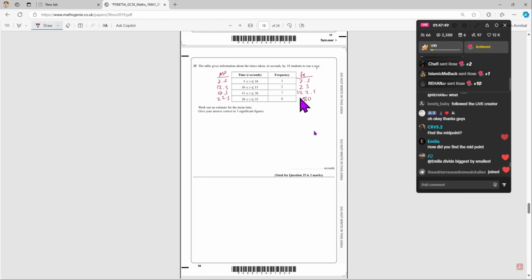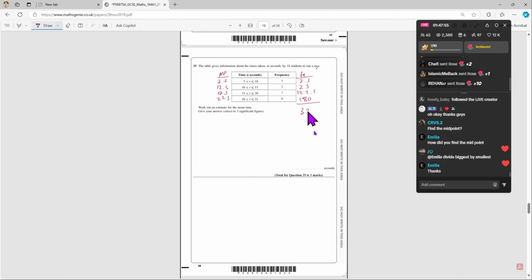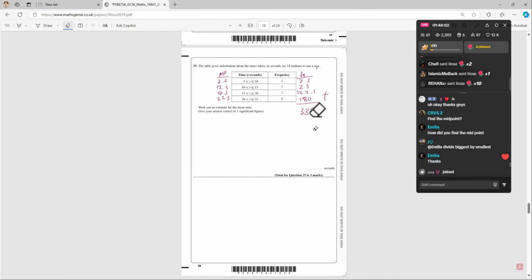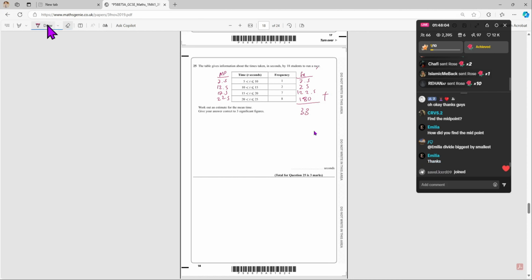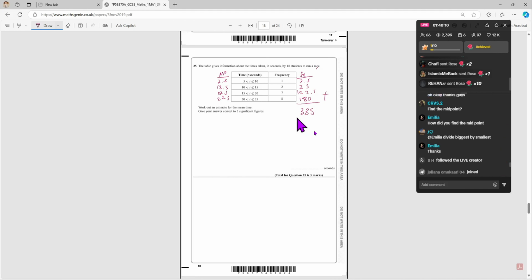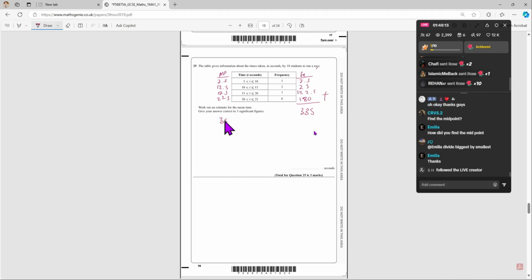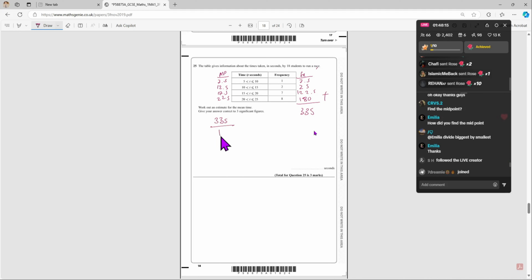Now, once you've done that, you've got your fx. Now you're going to add the fx column together, and you'll get 335. So now, guys, to calculate the mean, we need to take the 335 and divide it by the 18 students, which will give you 18.61.